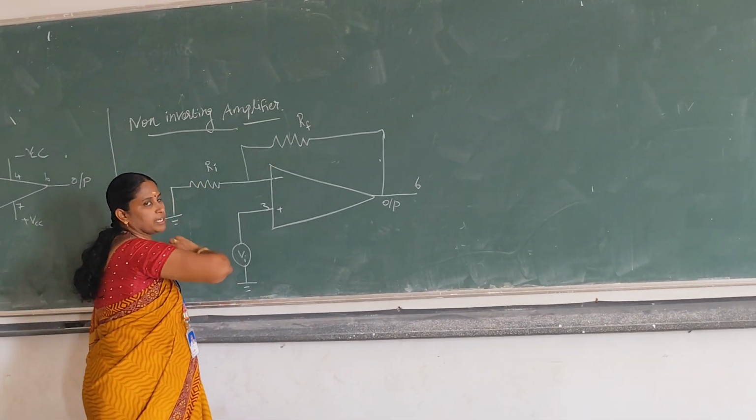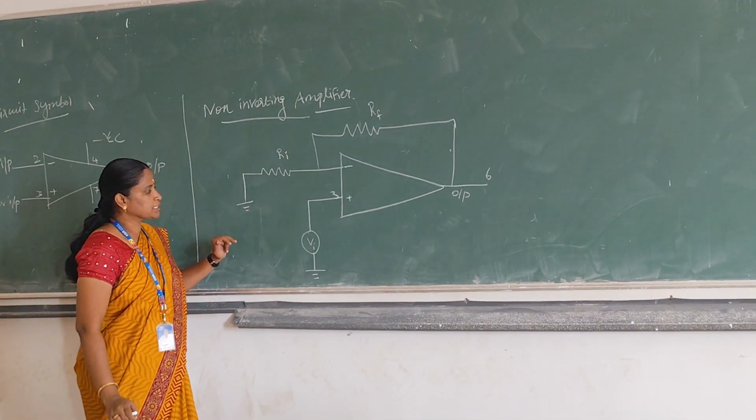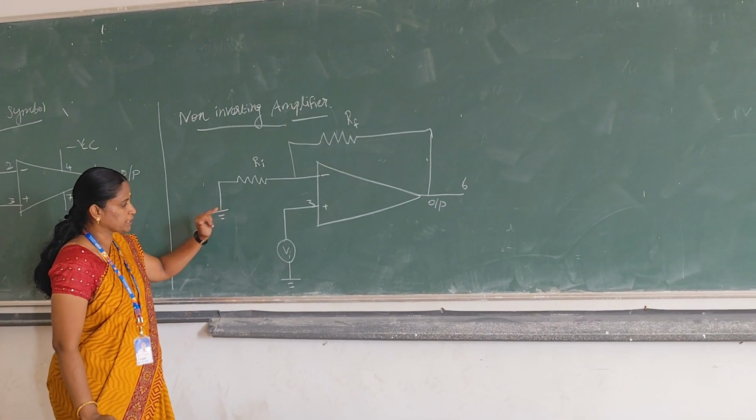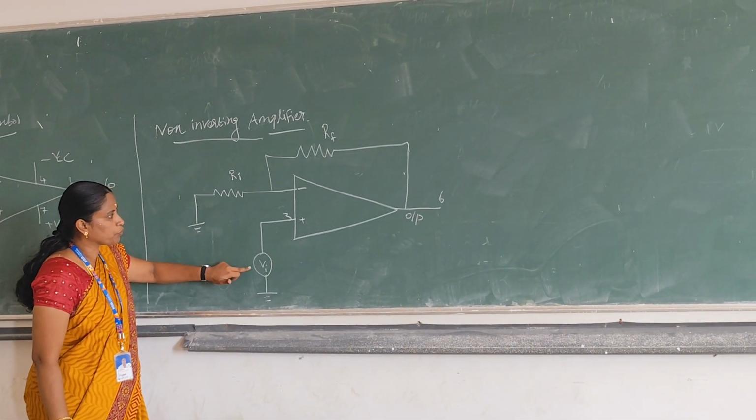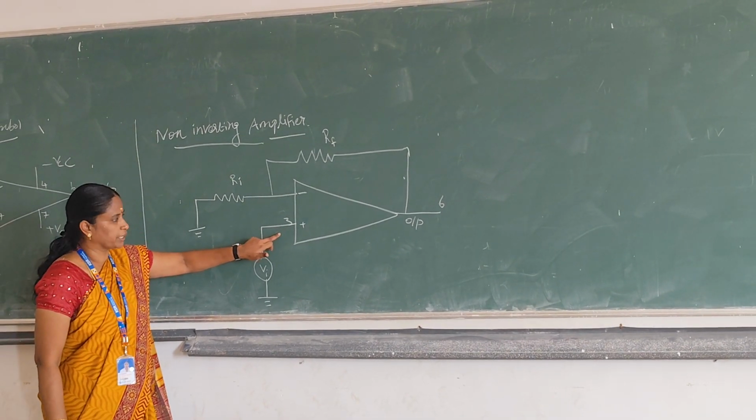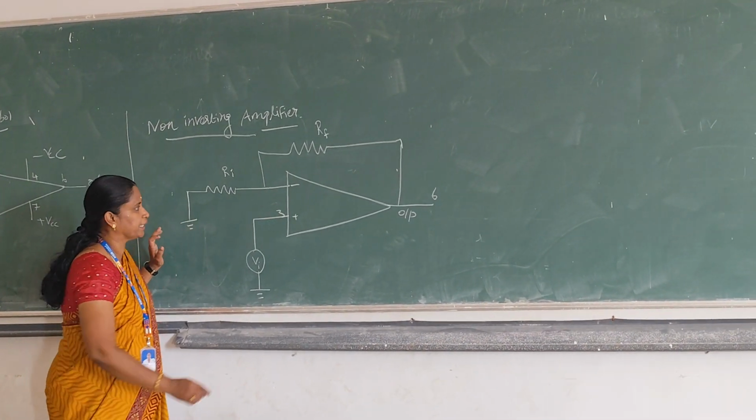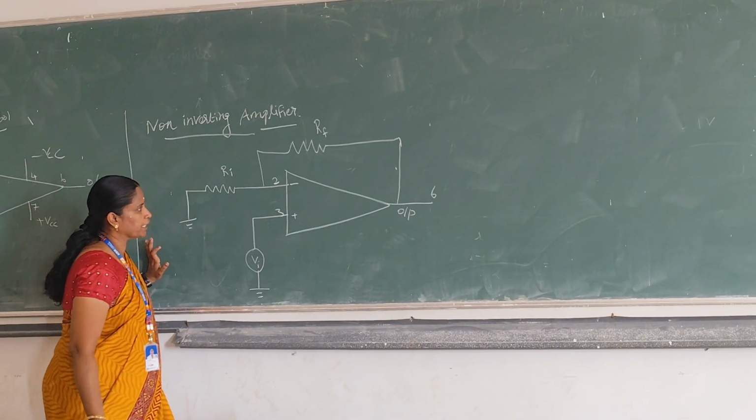Rf is the feedback resistor and Ri is the input resistance, and we give input voltage to the non-inverting input pin number 3, and pin number 2 is the inverting input pin.